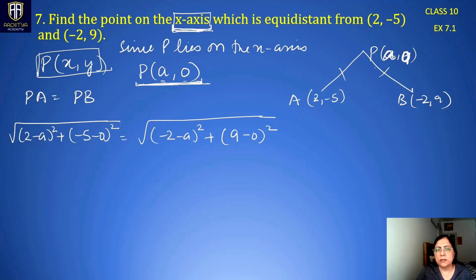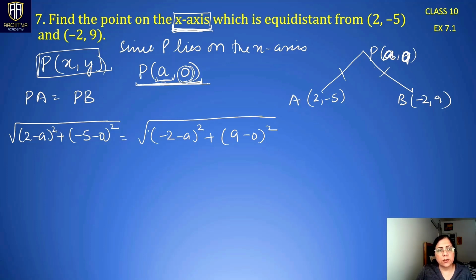The point P is equidistant from A and B. That means the distances PA and PB have to be the same. So PA is equal to PB. Moreover, the point lies on the x-axis. That means the y-coordinate of this point is 0 and I am assuming the x-coordinate to be a. So this is the relationship that we have got.